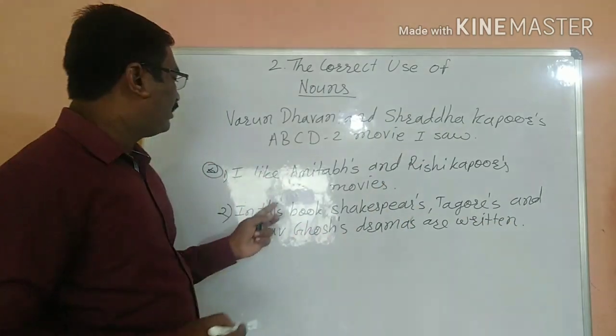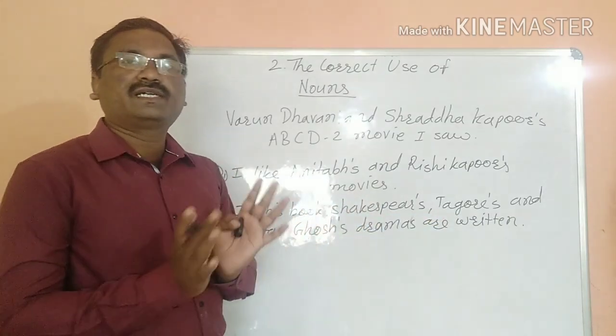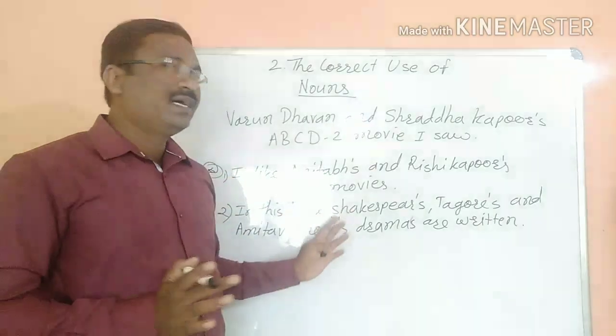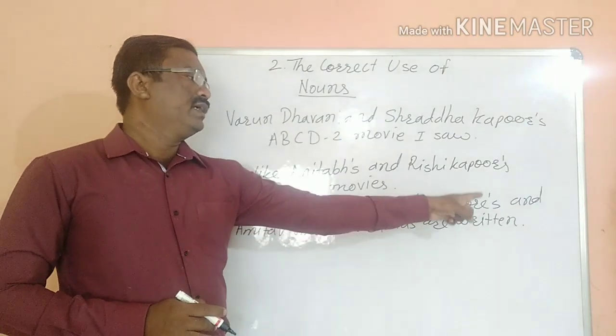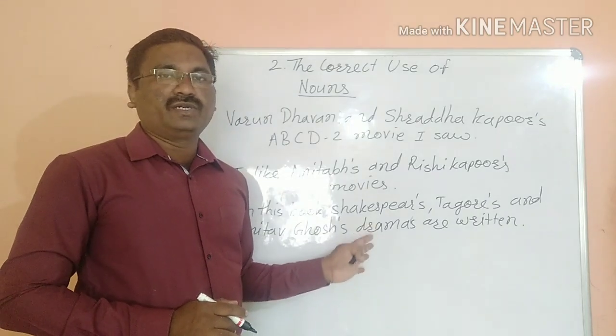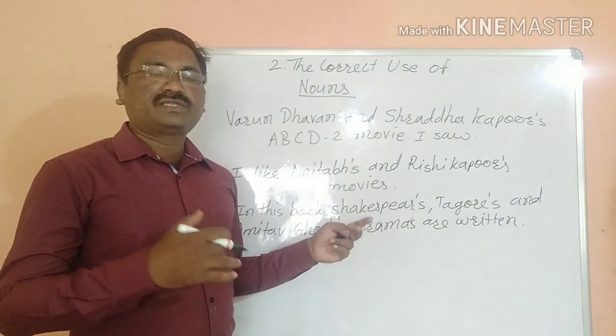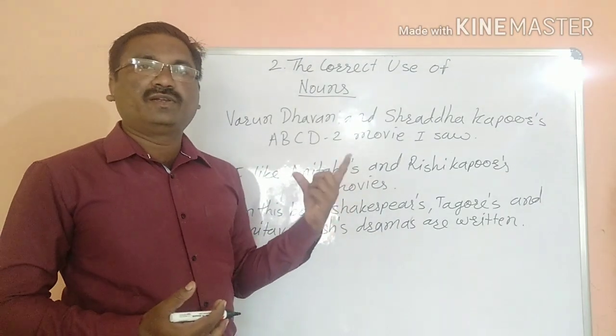We are talking about these people's separate dramas. These people's collective or one drama is not there. Different dramas are there. So we should use apostrophe s with each noun when we are talking about separate units. Okay. Now we are going to study the uses of the possessive case of nouns.